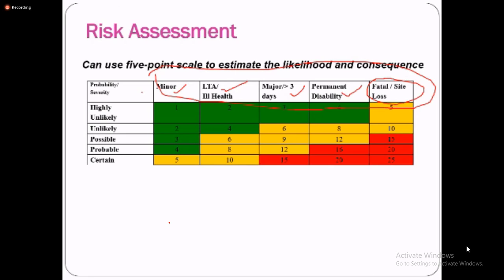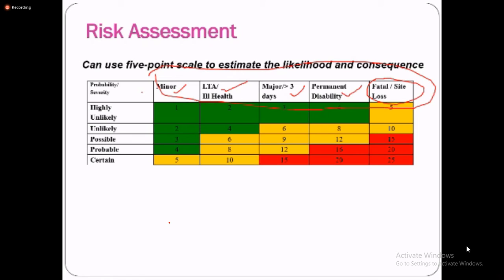There will always be some water drops in that area. Then for the trip and fall hazard, what would be the probability or likelihood of contacting that hazard?